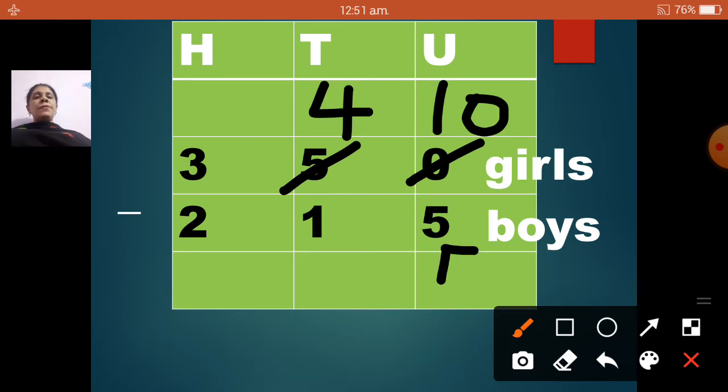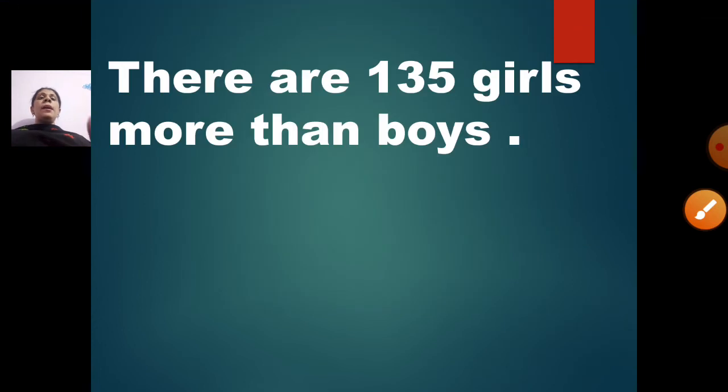So 10 minus 5 will be 5. 4 minus 1, 3. 3 minus 2, 1. 135. I got my answer. When I subtract 350 minus 215, I get my answer 135. How am I going to write the answer? There are 135 girls more than boys.